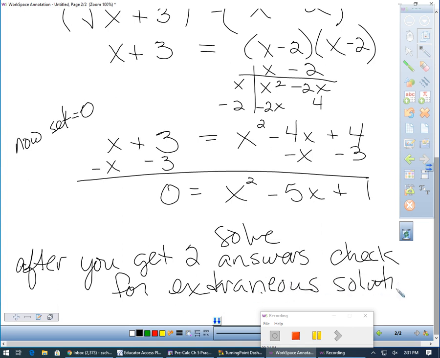An extraneous solution is when you solve your equation, you get this number that works, but when you plug it back into the original, it doesn't. So we have to check. We're going to get some answers today that do not work in the original. All right?